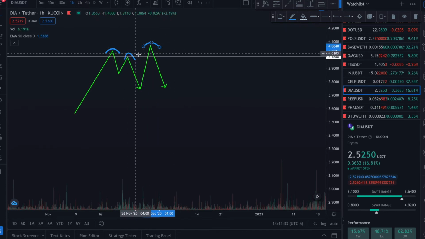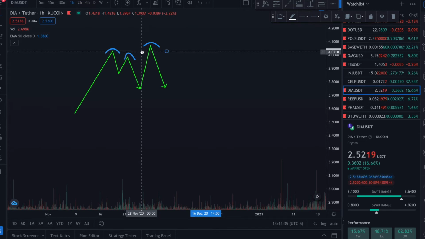This resistance line would be here if that was the first point where price had basically stopped going in a bullish formation, and we thought we saw a double top here, which would be a bearish signal, but price then shot back past this resistance line, showing that it still can be a bullish trend, okay?